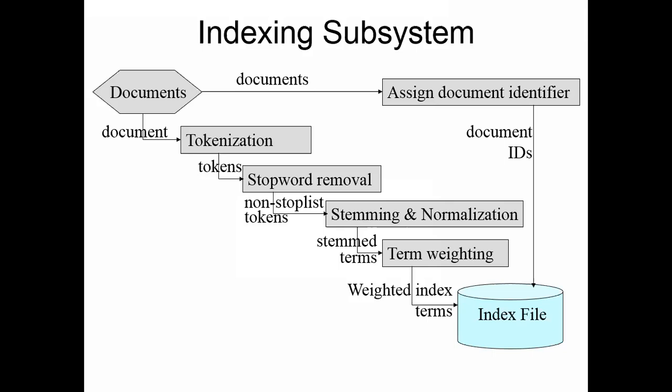Then comes collection frequency. Collection frequency is trying to see the total occurrence of the term within the document collection. That means take from i equals 1 to n documents that contain the term, then sum over the term frequency of that given term in each of the documents.